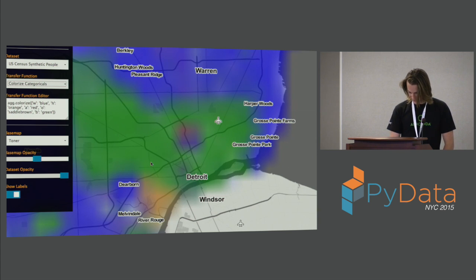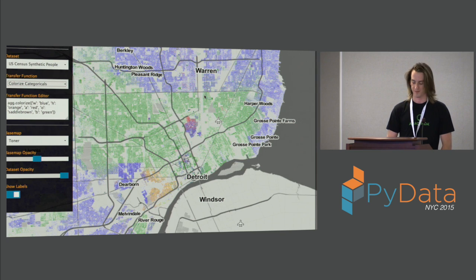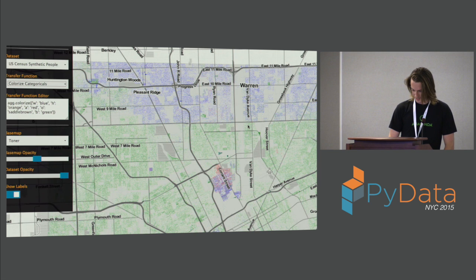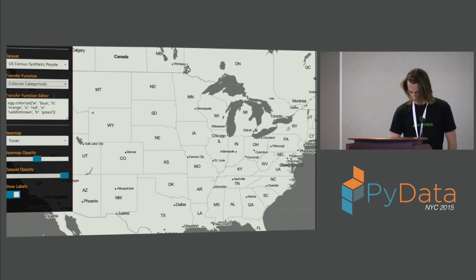It's going to take a second. There we go. So that's Detroit. Yep. Let's see, what else could we do here? If I zoom out, let's get the whole map.